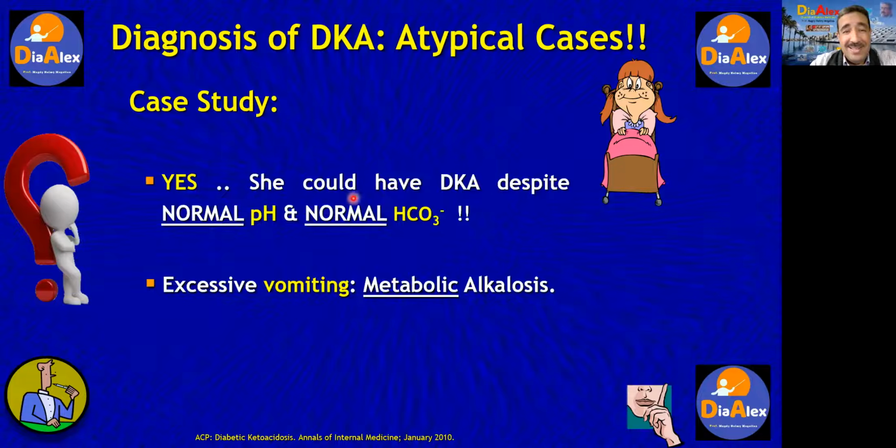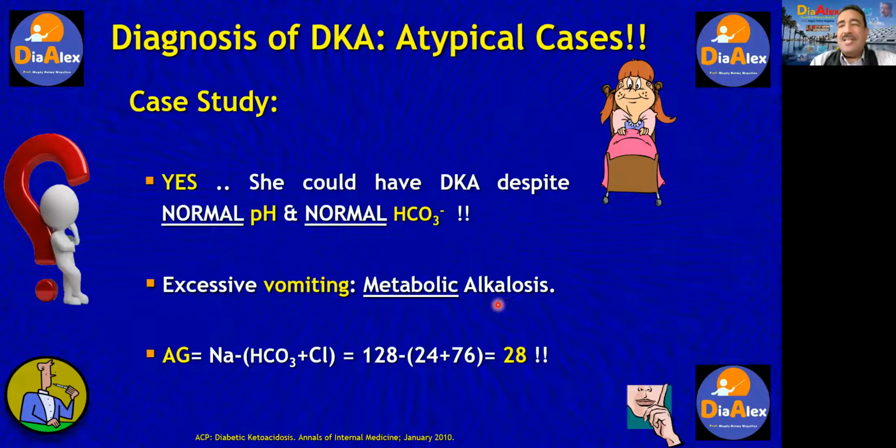What happened here: despite normal pH and normal bicarb, she has had excessive vomiting for 5 days. This can lead to metabolic alkalosis, which can neutralize and mask the metabolic acidosis of diabetic ketoacidosis.